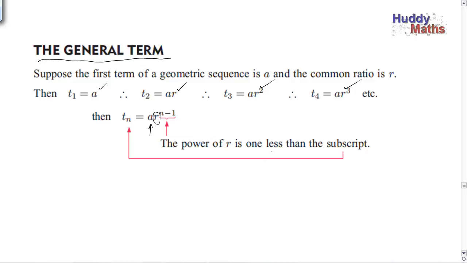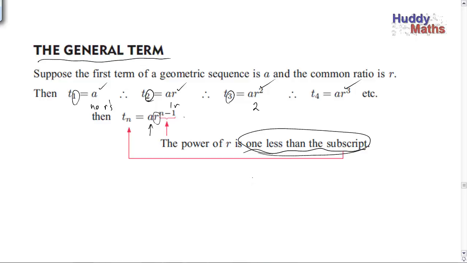It's one less than the subscript. Why is that? Because the first term has no r's. The second term has one r. The third term has 2. Can you get the idea? So it's n take 1. It is 1 behind the number of the term because the first term didn't have any r's.